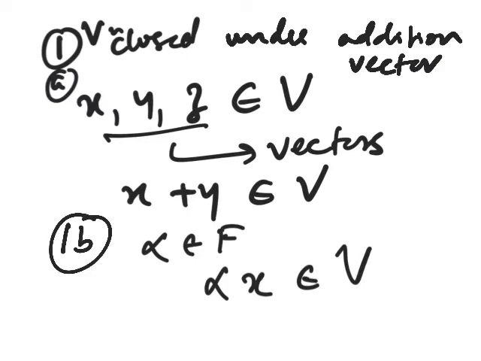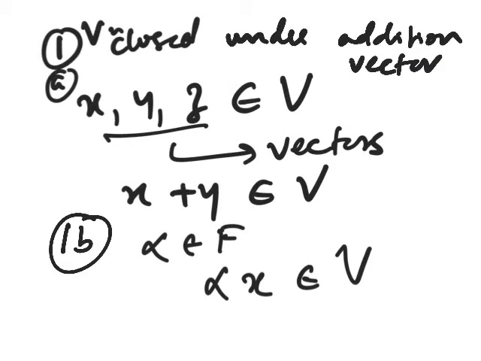You take a scalar and multiply it with a vector, you should still get a vector, right? So mathematically, the set V is closed under vector addition, and the set V is closed under scalar multiplication. In this case, the scalar comes from the field. Is that clear?